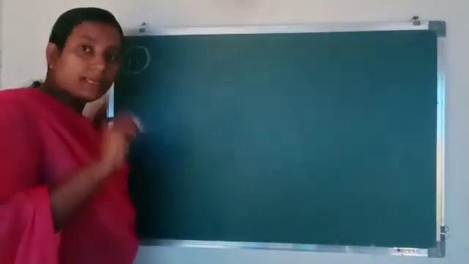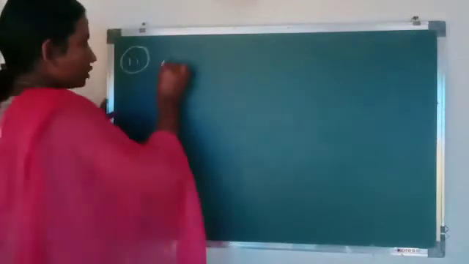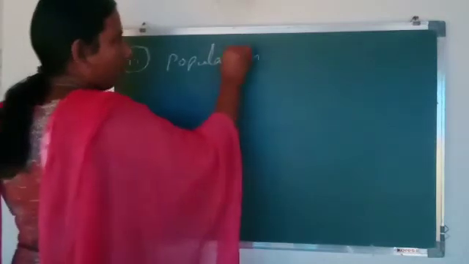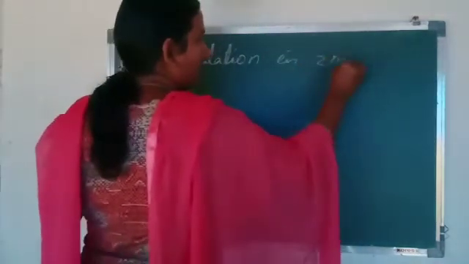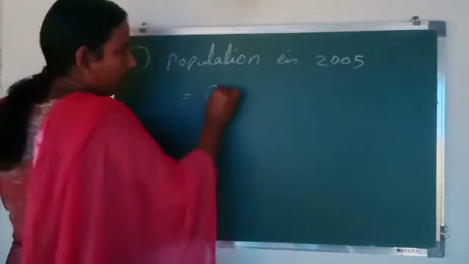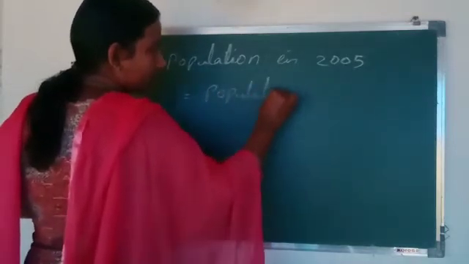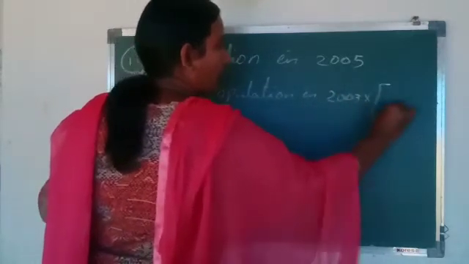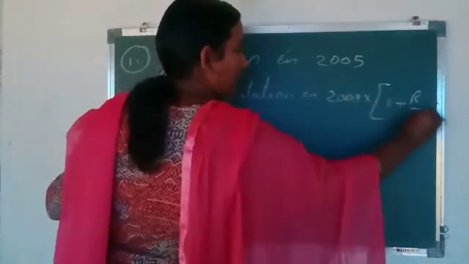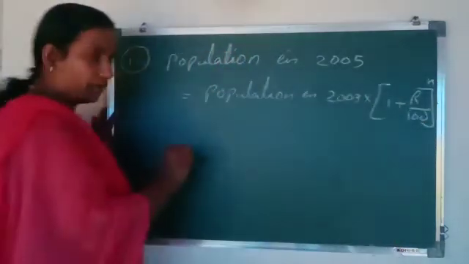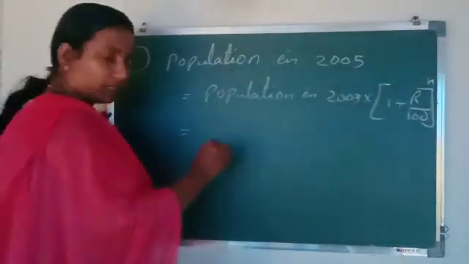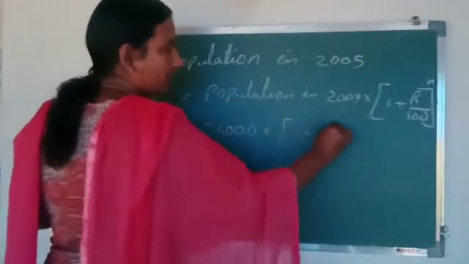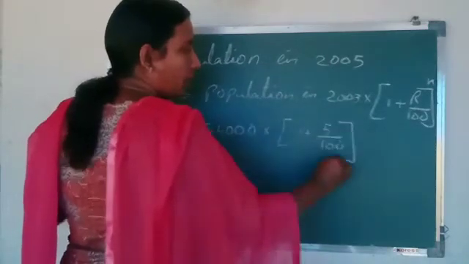Question number 2, what would be its population in 2005? So population in 2005 is equal to population in 2003 into 1 plus R by 100 all raised to N. That is equal to the population in 2003, which is given as 54,000, into 1 plus 5 by 100, all raised to 2.